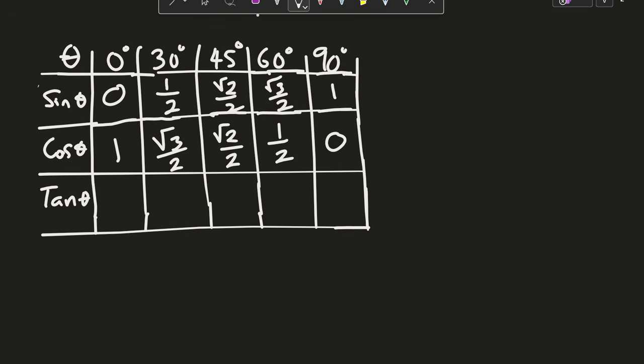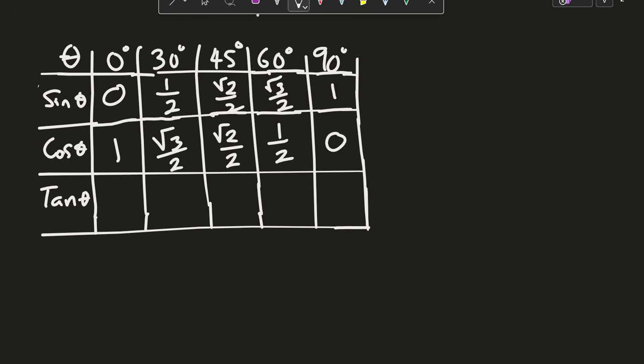So once you've gotten sine, you can return back by repeating these numbers backwards: for cosine 1, root 3 over 2, root 2 over 2, 1 over 2, and then 0.